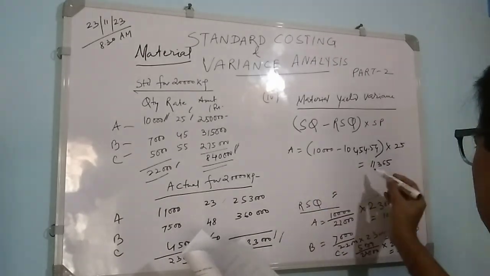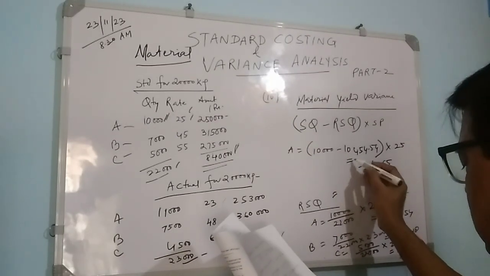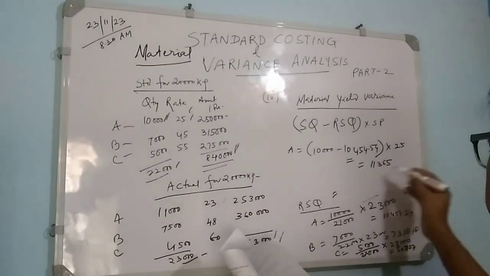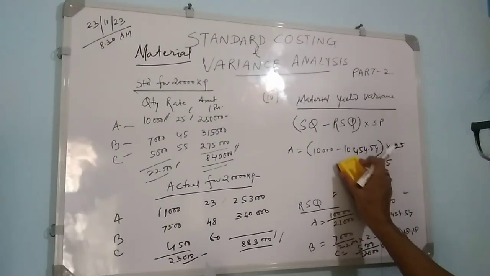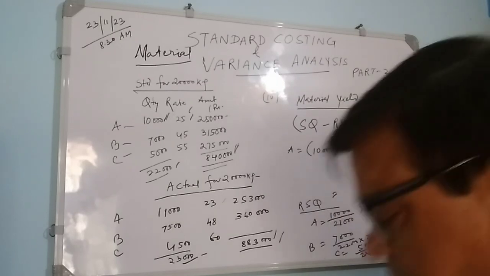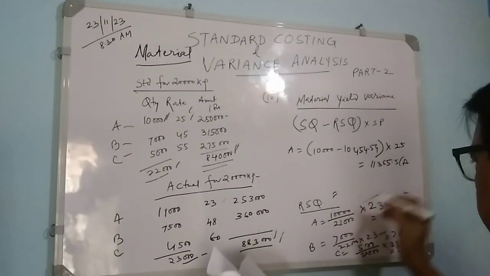So standard quantity and revised standard quantity, the revised is on the higher side. So definitely if the revised standard quantity is higher, then your figure will be adverse.